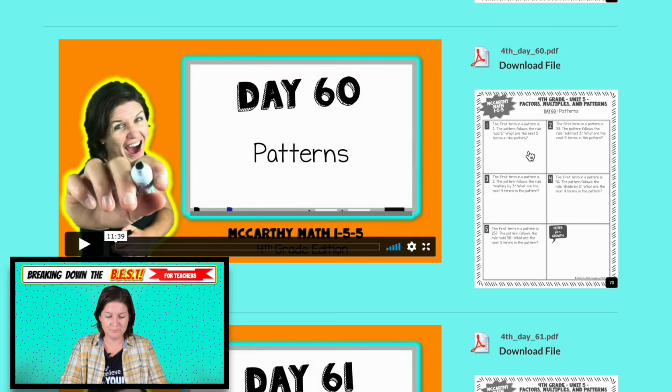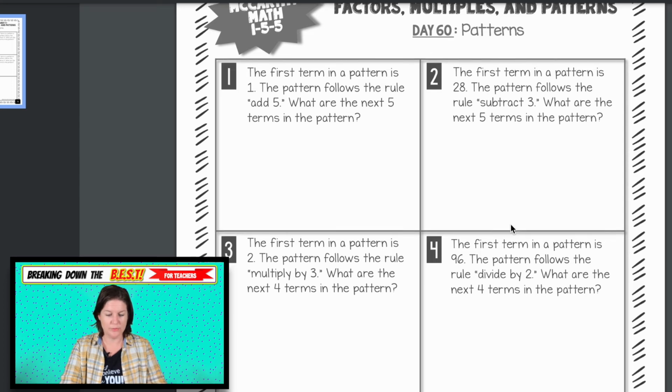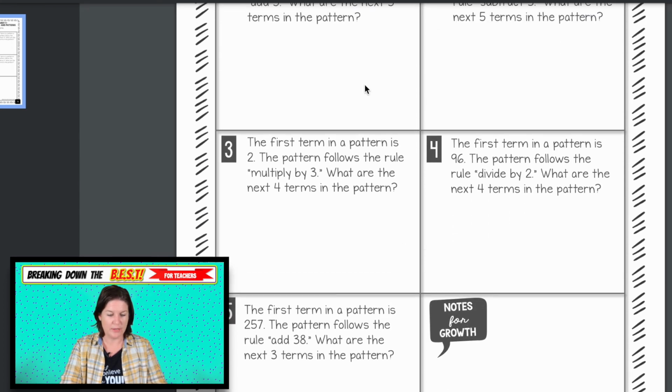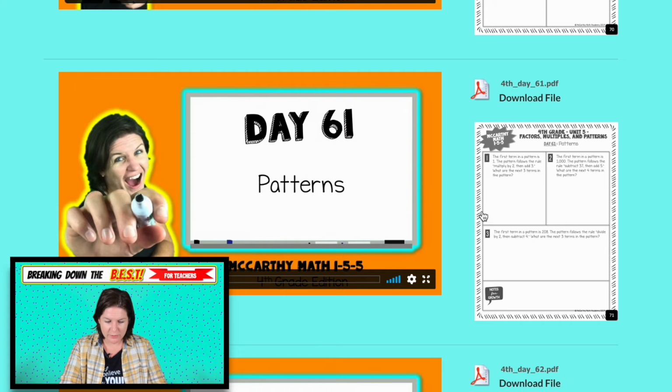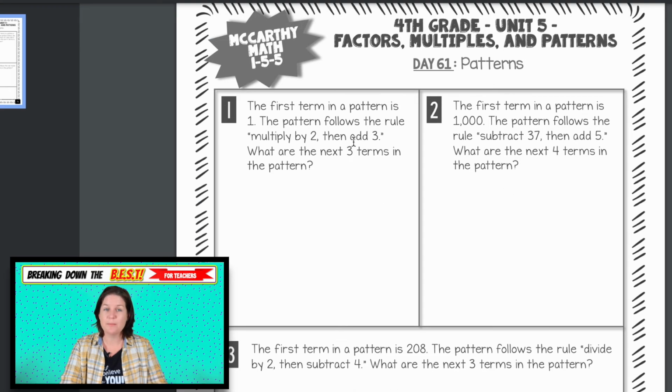So the first term, you just want to be careful here because it says the add 5, that's 1 step, subtract 2, subtract 3, I mean. Okay, that one's good. Let me see if I can find one that might be a little, like this one. This would be a 2-step, and that's not aligned with the B.E.S.T standards right now. So multiply by 2, then add 3.